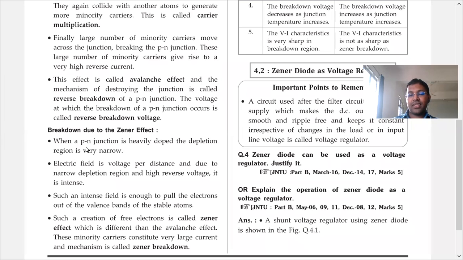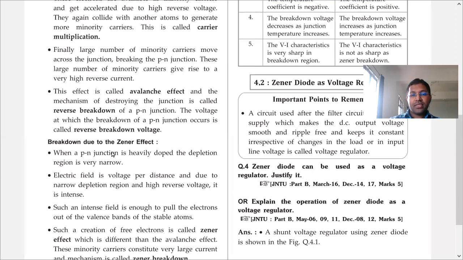This also in the previous class we have seen. Let us see this point by point. When a PN junction is heavily doped, the depletion region is narrow. Next point, electric field is voltage divided by distance. So E is the applied reverse voltage divided by the width of the depletion region. So E is V by D. D is small, so E is high.